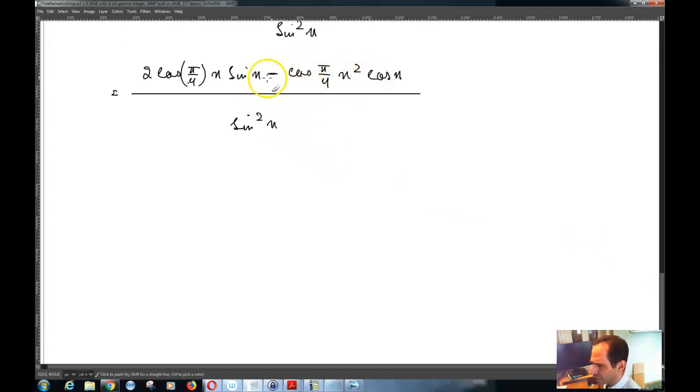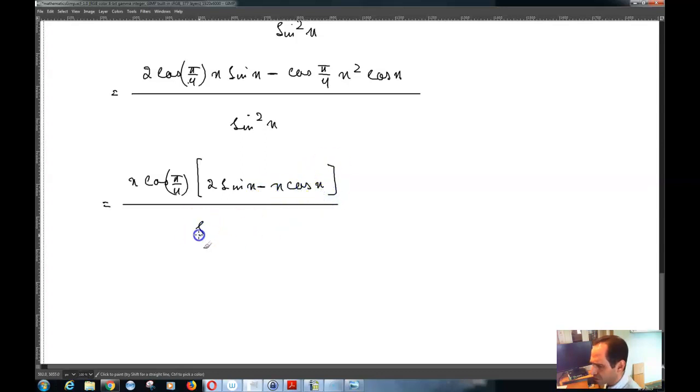And so you can take an x out, you can take cos pi by 4 out. So x times cos of pi by 4 times 2 sine x minus x times cos x, divided by sine squared x.